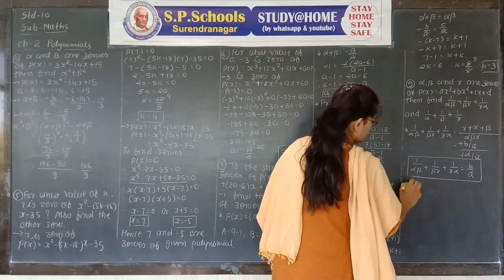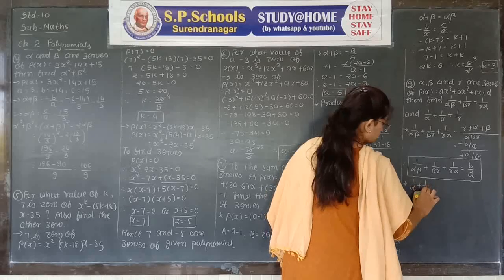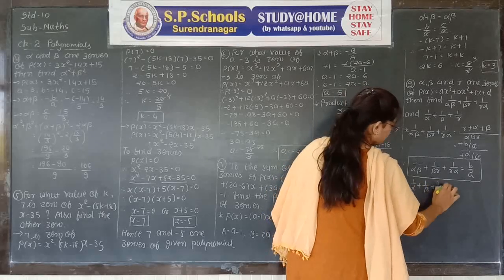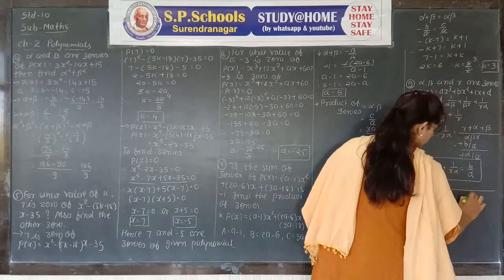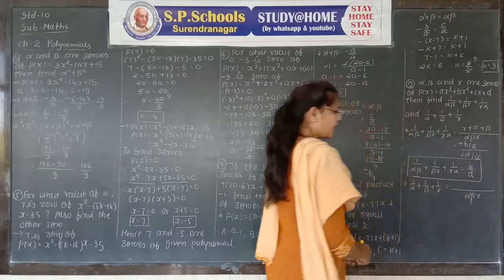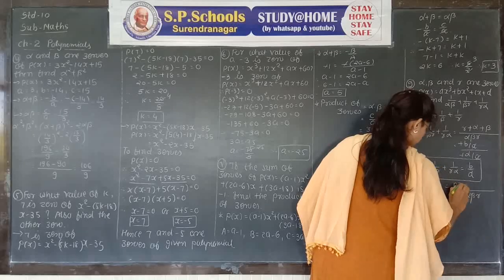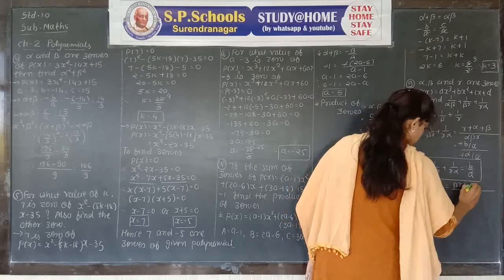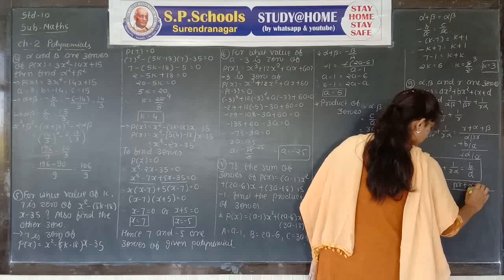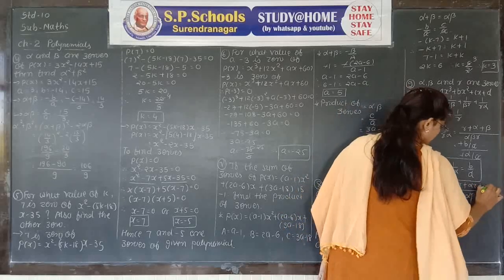Now second, 1 upon alpha plus 1 upon beta plus 1 upon gamma. Again we have to take LCM. Alpha beta gamma is the LCM. Instead of the first one it is beta gamma, instead of the second one it is alpha gamma, and instead of the third one it is alpha beta.